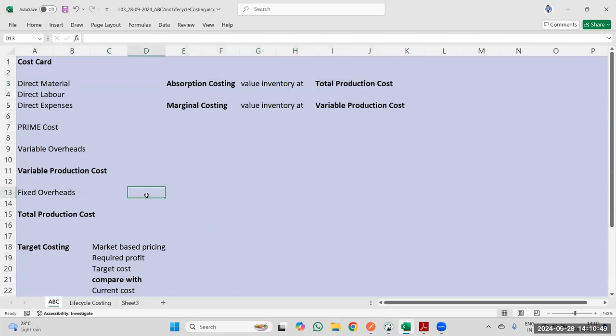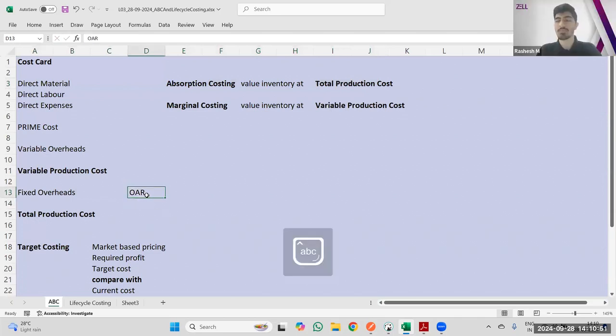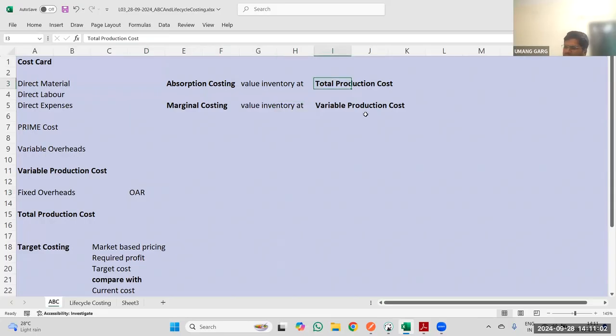OAR. We used something called an overhead absorption rate, where we said that fixed costs are part of my inventory cost. So I want to include them. To be able to include them, I want to convert them into a per unit figure, which we call overhead absorption rate.